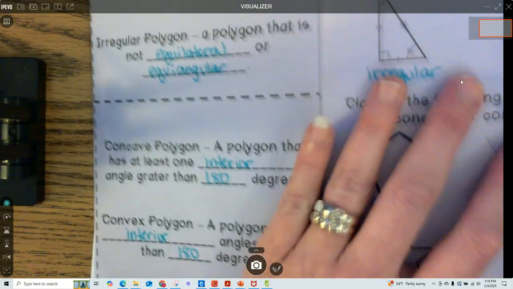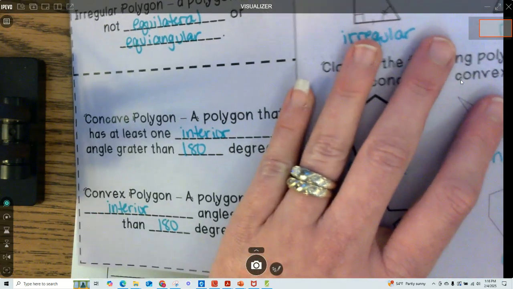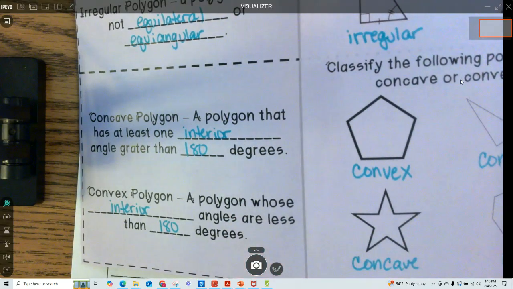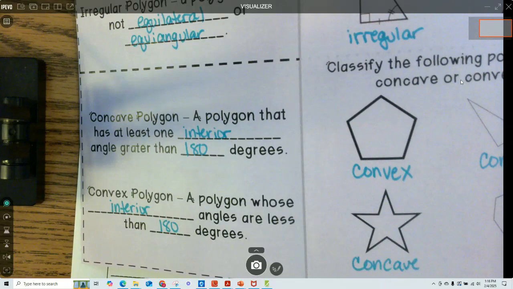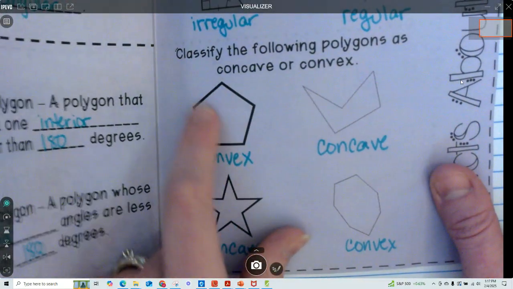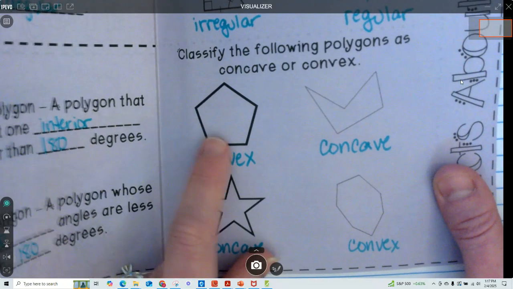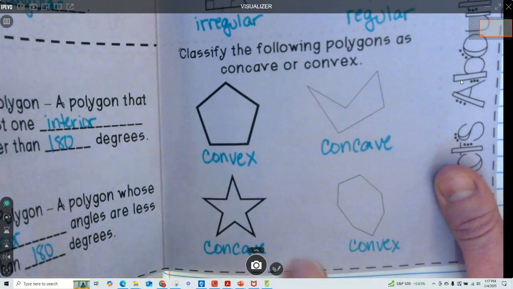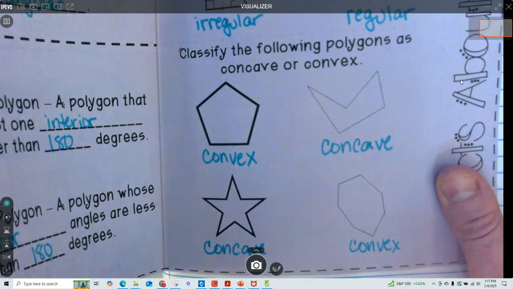Then we have concave and convex. So concave, there's an interior angle that's greater than 180 degrees. It makes more sense when I show it to you. Convex, all the interior angles are less than 180 degrees. So convex, see how all these angles kind of open up towards the inside of the shape? That's convex.